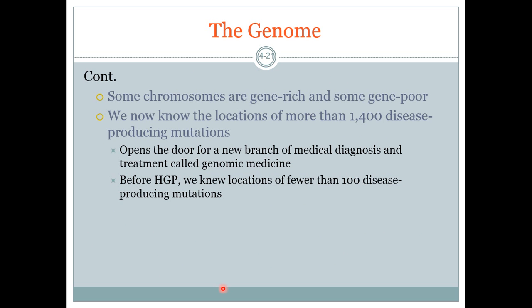Next, our fifth finding: some chromosomes are gene rich and some are gene poor. The sixth one: we now know that there are more than 1,400 disease-producing mutations, which opens the door to a new branch of medical diagnosis called genomic medicine.